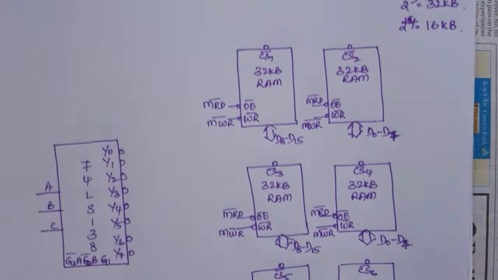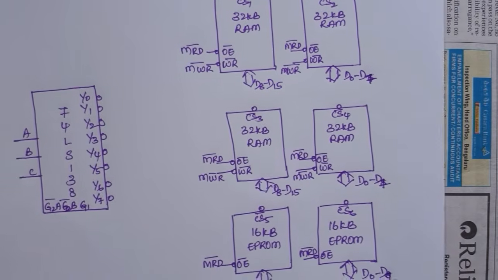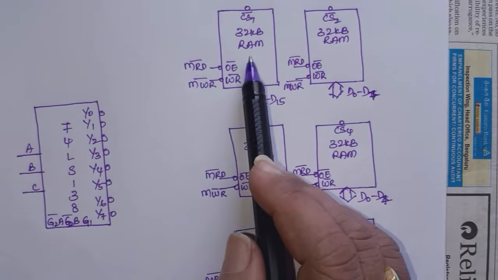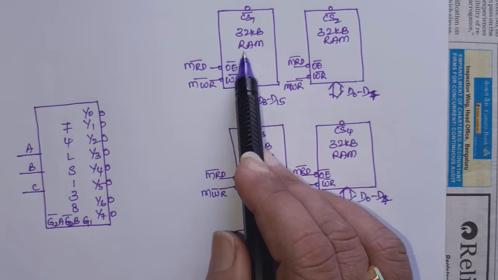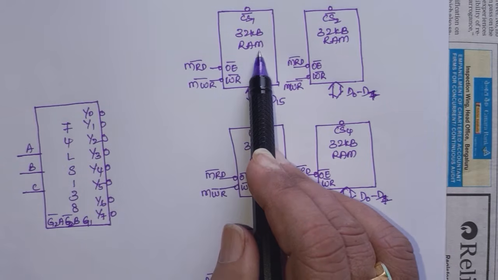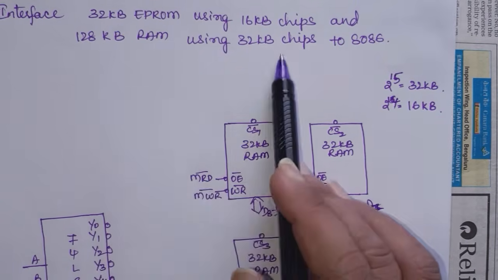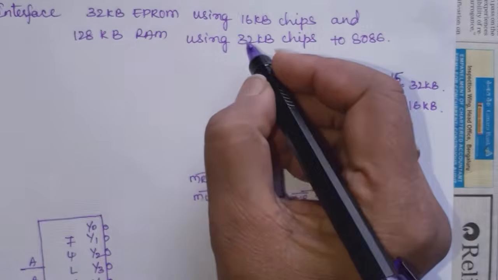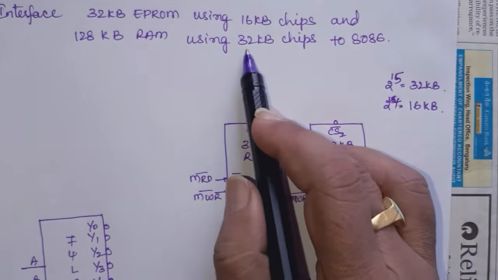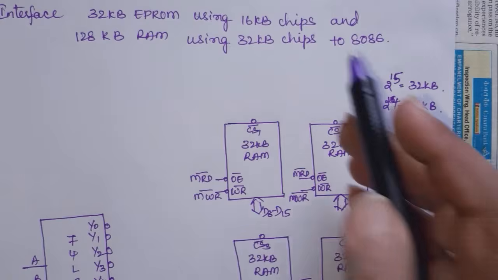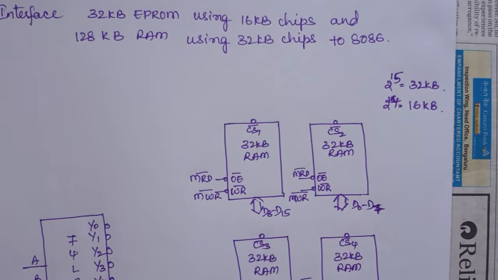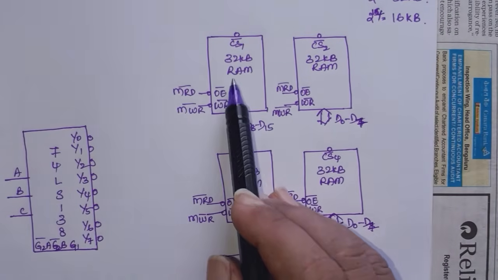So this is how, as required, we have connected RAM, 32 KB RAM 4, because 128 KB RAM is to be interfaced using 32 KB chips. So it requires 4 RAM chips, each one of 32 KB.